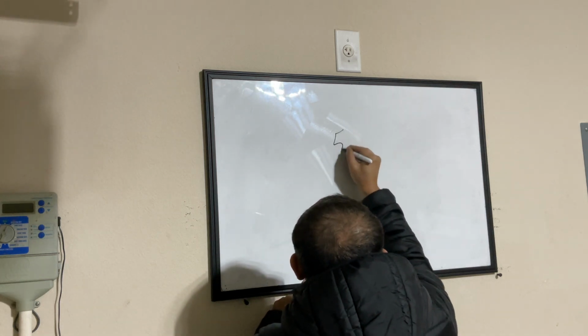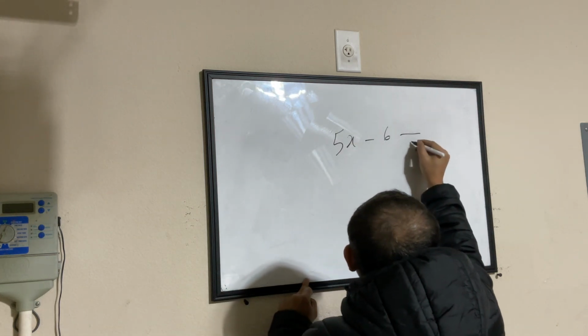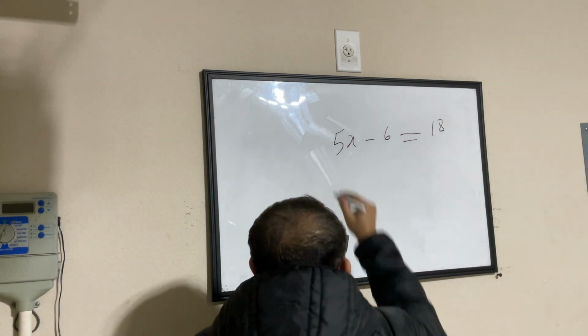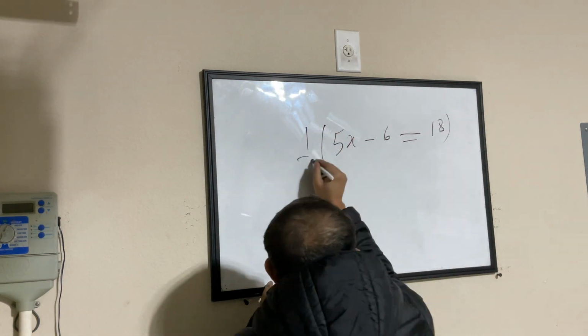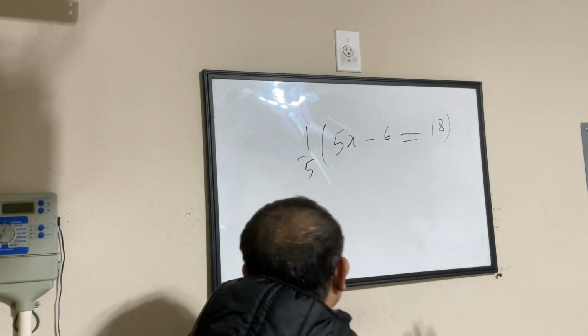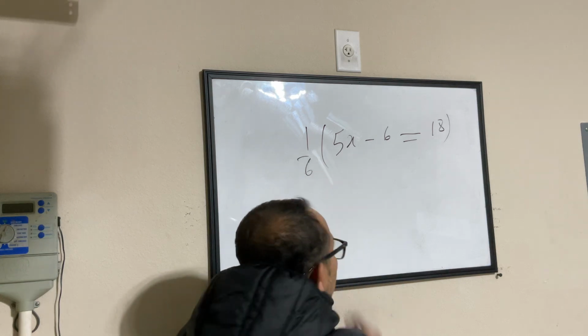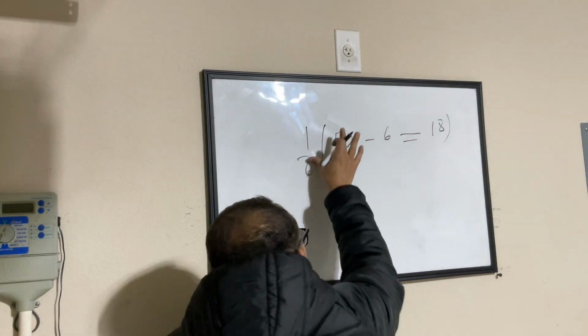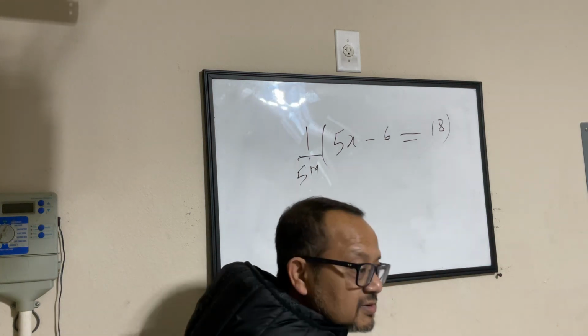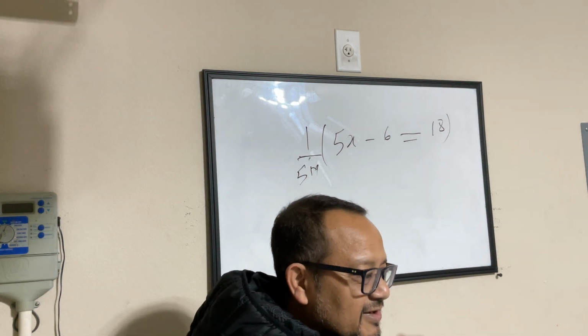Let's say if I have 5x minus 6 equal to 18, even if I divide everything by 5, it'll be fine. You don't have to worry. Even if I divide this by 6, there's nothing to worry about. Even if I divide this by 5 million, because I love complex problems, still okay.